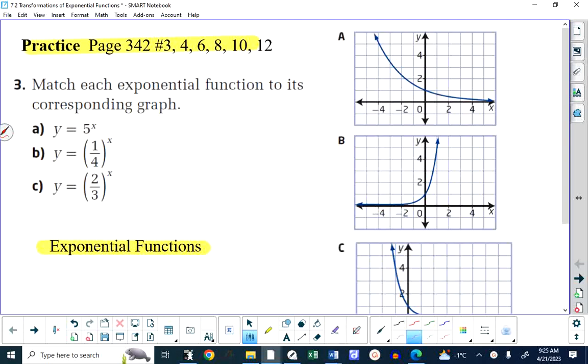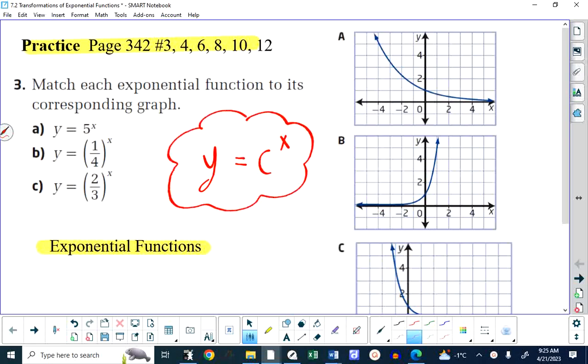What we learned yesterday is that the equation of the function y equals c to the x produces a graph that has one of two different general appearances to begin with. One is it could be an increasing function like graph B that you're looking at here.